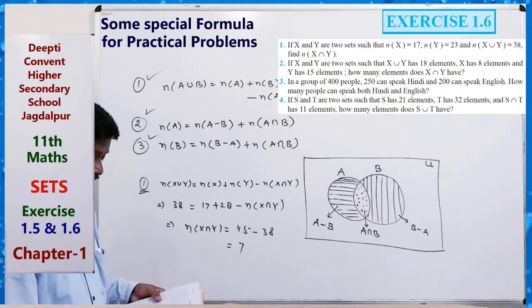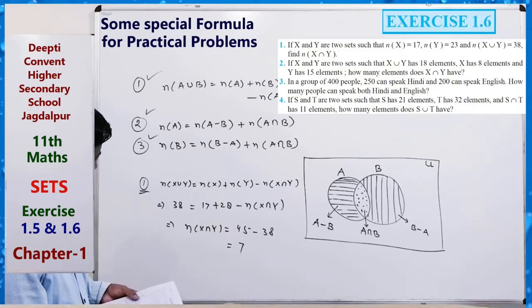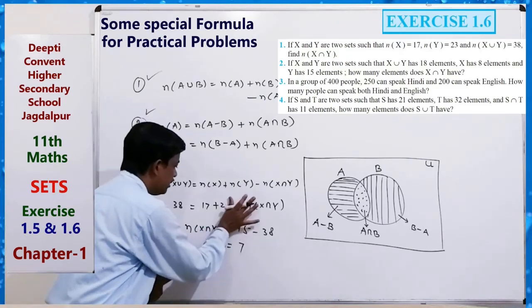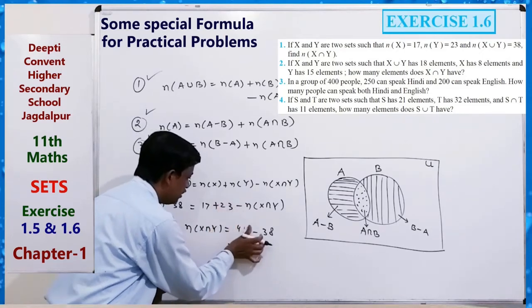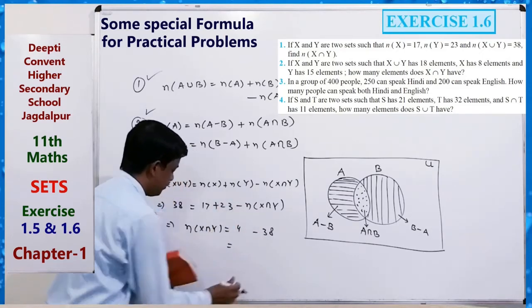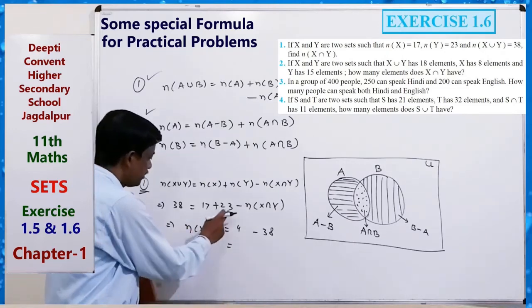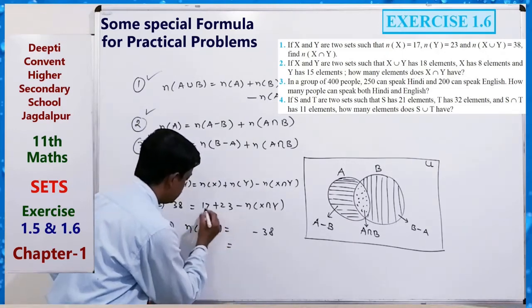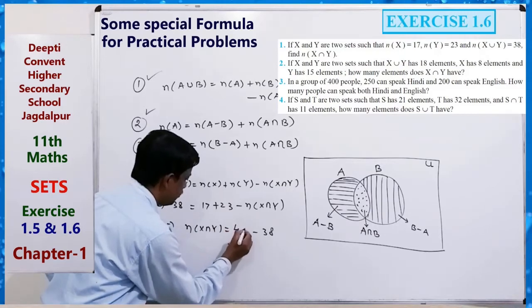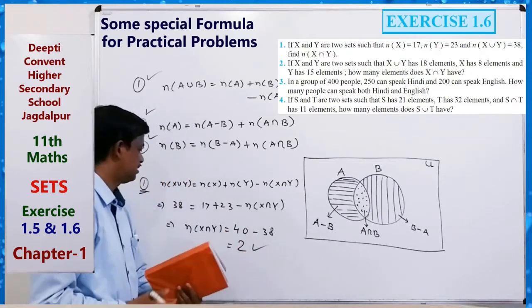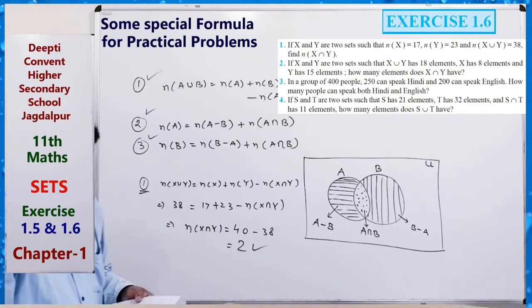Sorry, here it is 23. 23, so 40. 40 minus 38, 2 is the answer for X intersection Y. Okay.